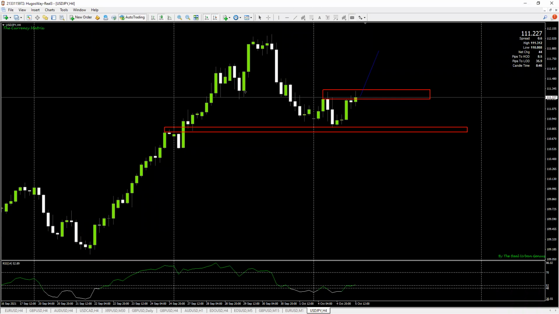Here is a 0. Now, let me draw this. Here's for this 0, because remember, this is 0 over here too. Support, broken through, resistance, becoming support again.